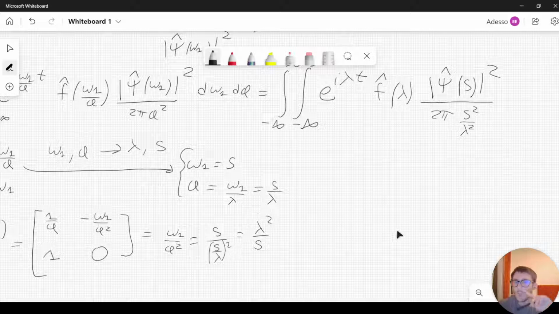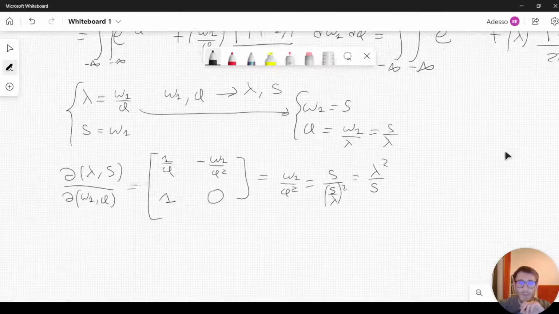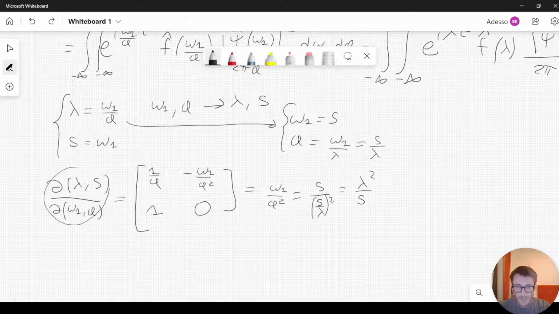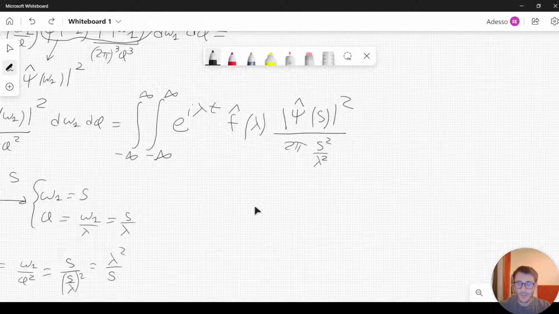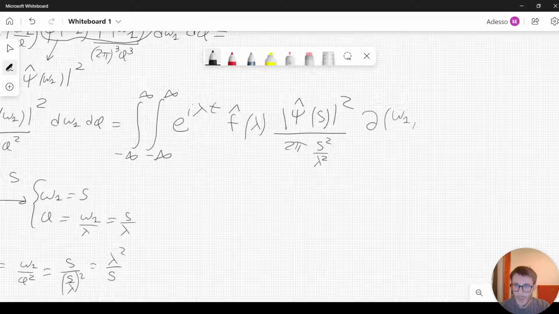And we have to be careful though, because in this case we have d lambda s over d omega_1 a. But inside this double integral, what we will have is the Jacobian of omega_1 a with respect to s lambda.